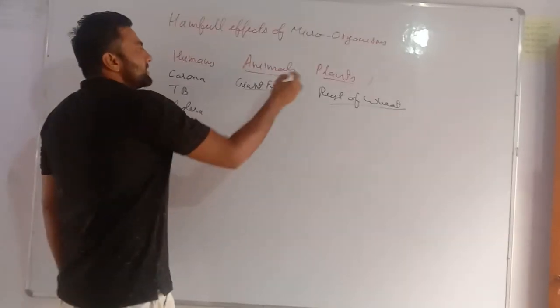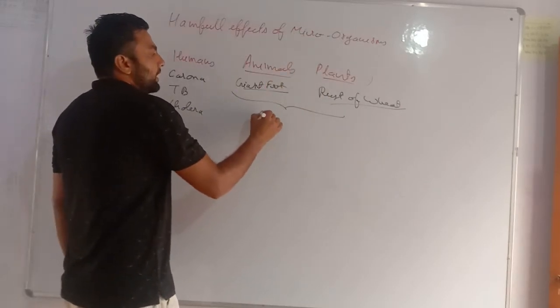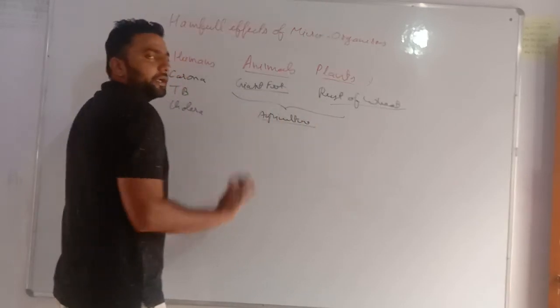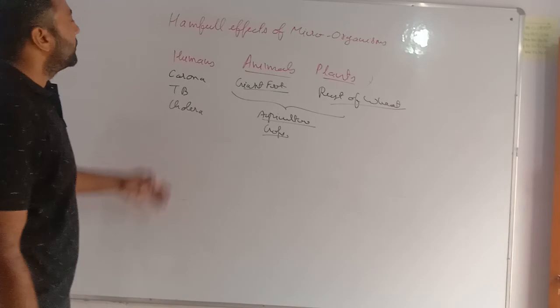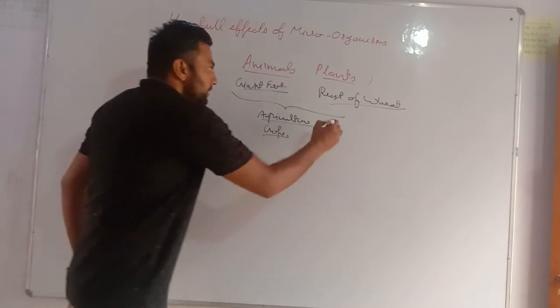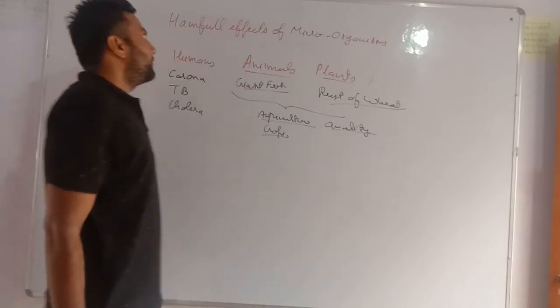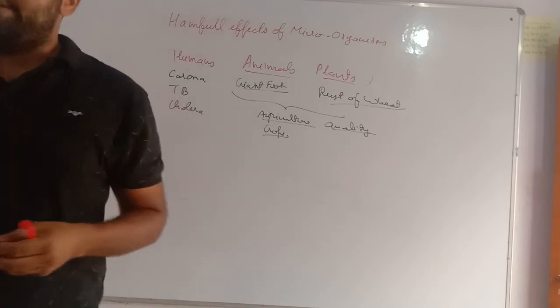So when animals and plants are affected by microorganisms, our agriculture and crops are destroyed. Moreover, humans also die, and the quality of our crops and agriculture also degrades. So the worst thing about microorganisms is that they cause disease.